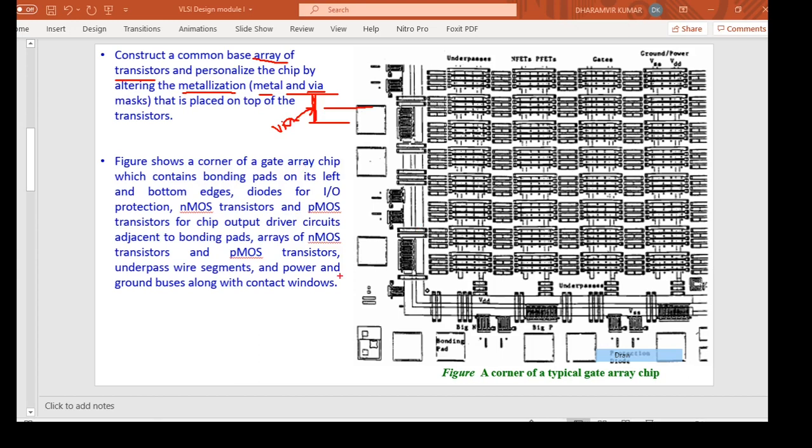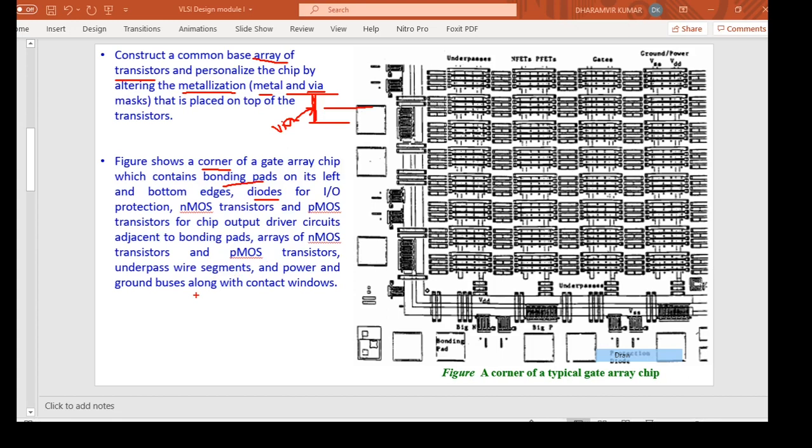This figure shows a corner, just a corner part, not the complete part. Corner of a gate array chip, which contains bonding pads on its left and bottom edges, diodes for I/O protection, NMOS transistors and PMOS transistors for the chip output driver circuits adjacent to bonding pads, then arrays of NMOS transistors and PMOS transistors, underpass wire segments, and power and ground buses along with contact windows.